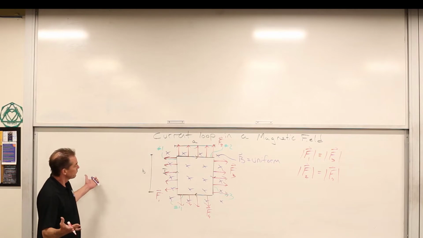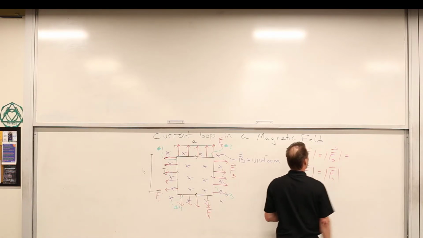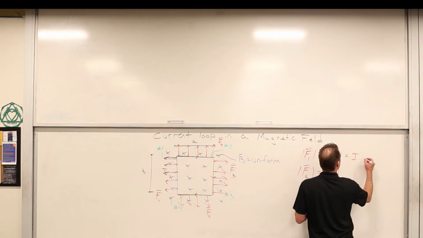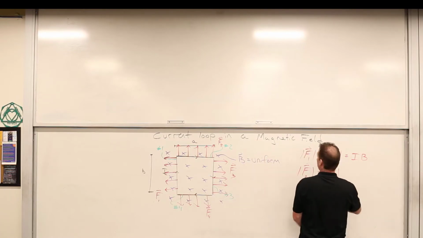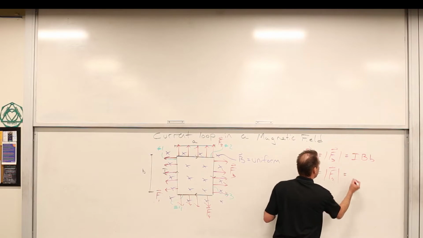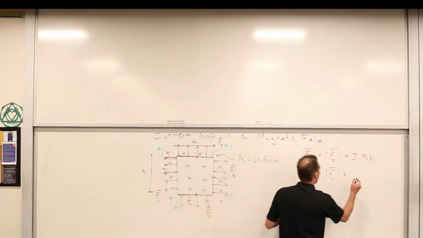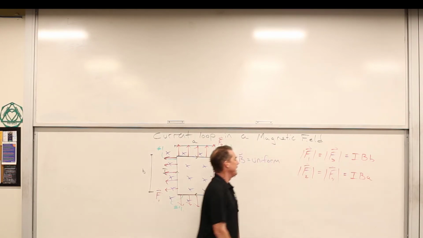And, well, what did we get with that? Well, for these individuals, we ultimately had that the magnitude of the force is I times B times the length of the section, in this case, IBB, and the magnitude of the force on segment 2 and segment 4 was I times B times A.